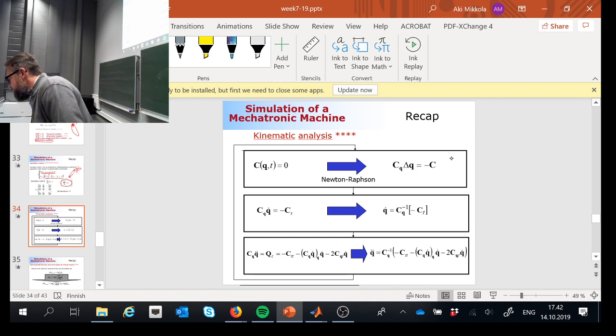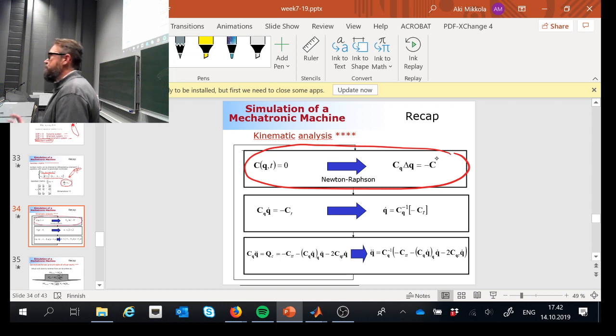But remember again that position level analysis in kinematics is based on an iterative process. So you cannot get the solution automatically, but you can get the Newton difference, the one that is expressed here. With the help of the Newton difference, you can update your generalized coordinates to make them closer to your final destination.